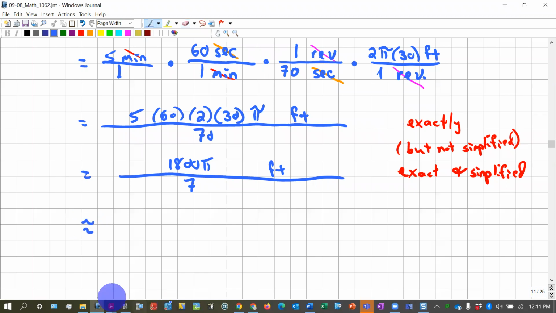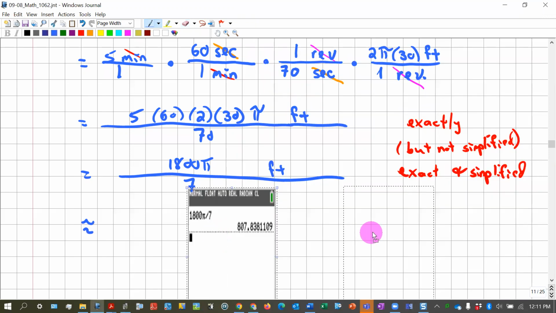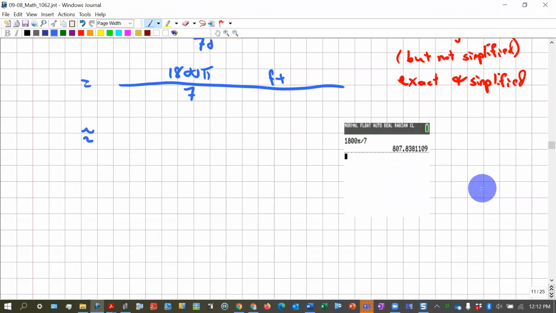And then I can use my calculator to get a decimal answer. Again, the only operation in my fraction is in the numerator, and it's a multiplication, so the calculator will do the multiplication first.